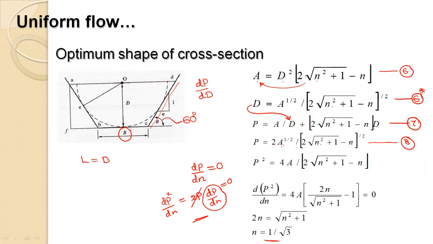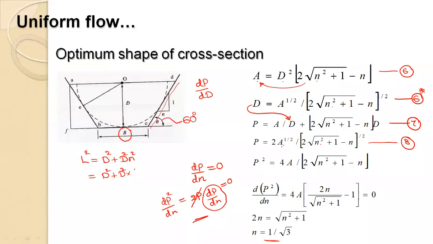D square of L squared would be D squared plus D squared N squared. Okay, so this one would be then D squared, and N is now 1 over square root of 3.